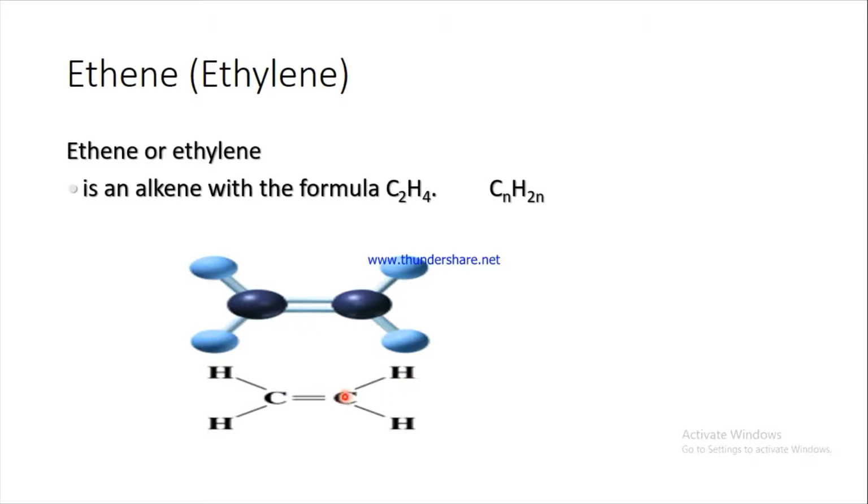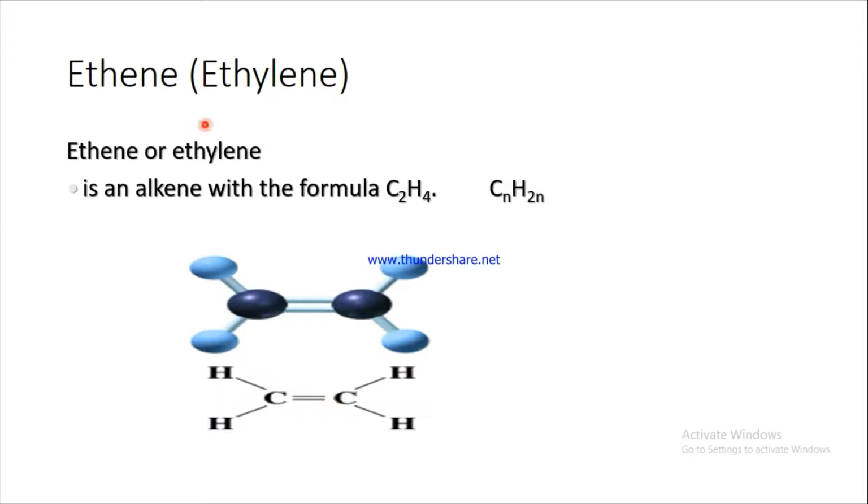So each carbon atom is bonded to 2 hydrogen atoms. It is a flat structure, and all the carbon and hydrogen atoms are in the same plane. And most people know this compound to be used to accelerate the ripening of our fruit.